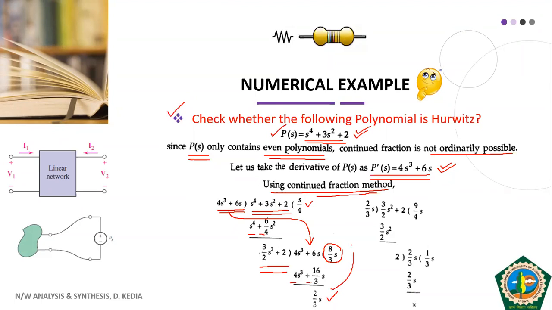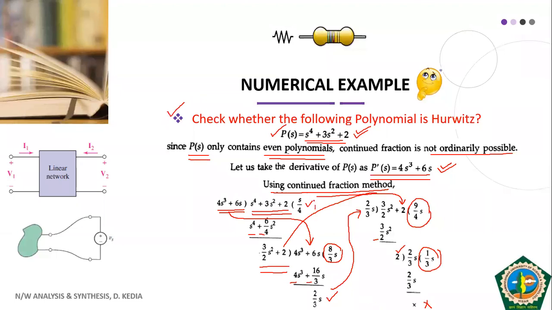Now this remainder will become the divisor for the next term, and this divisor will become the dividend for the next continued fraction term. If you do that, again you get a quotient. Fine, you do the subtraction, this term will be over, then finally you get a constant, then again a quotient, and you get the answer as 0, and your continued fraction is stopped.